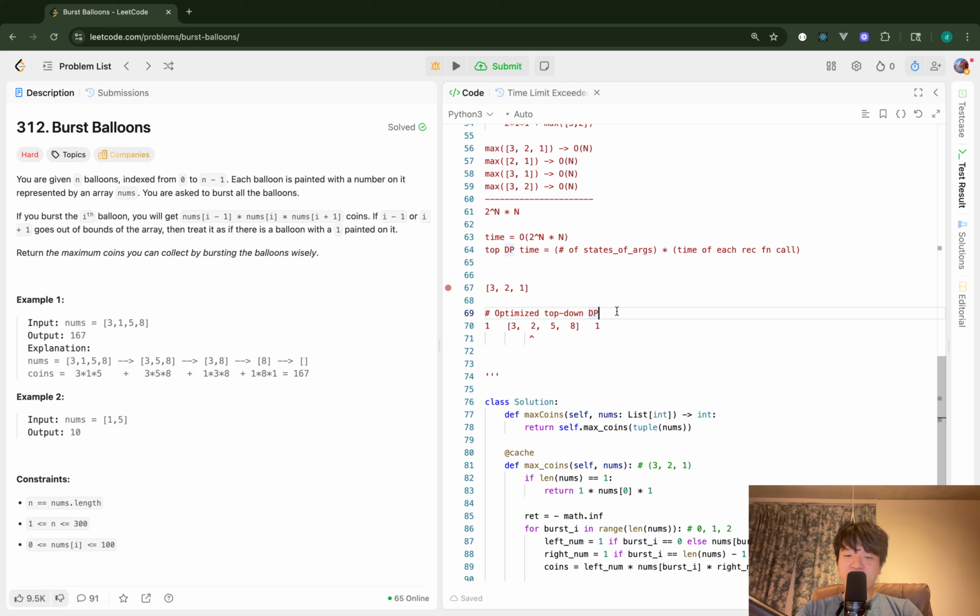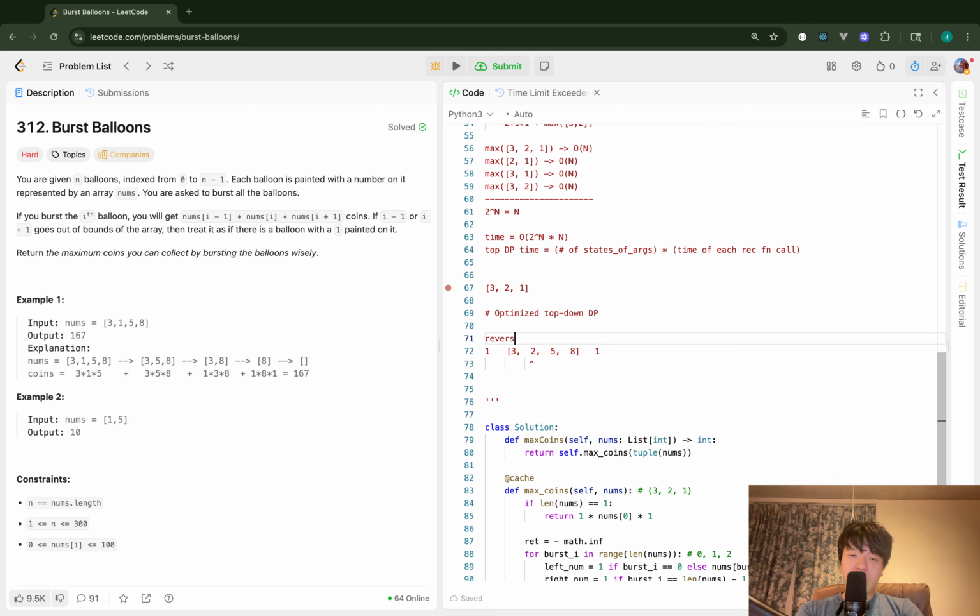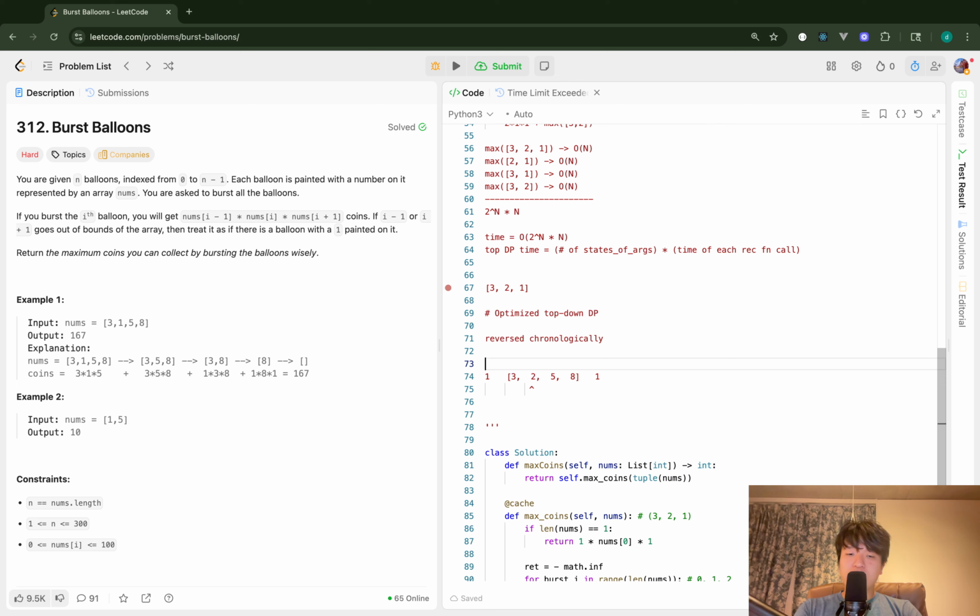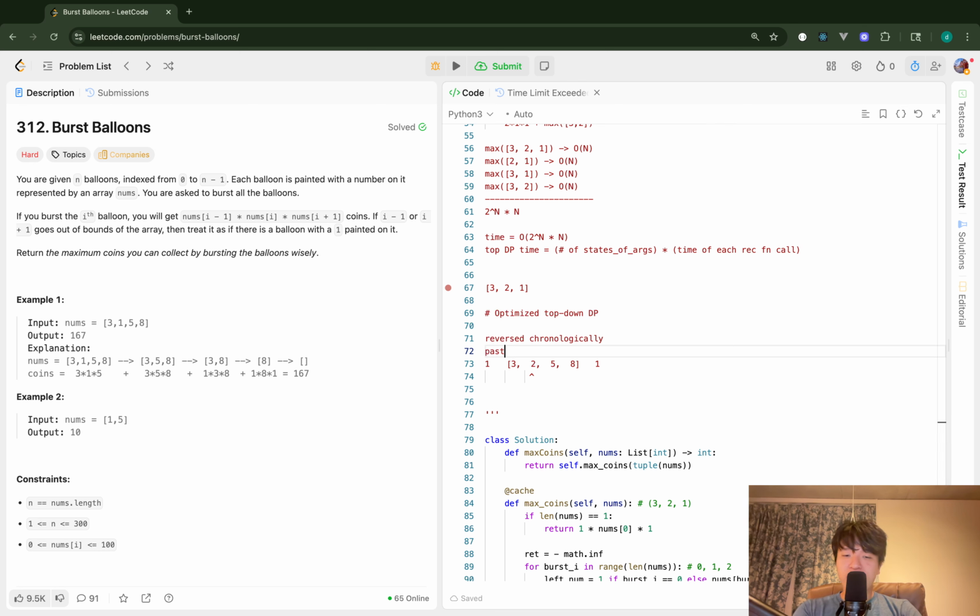But to optimize this top-down DP, I will think of it backward. I will think of it in reverse chronological order, I mean, from future to past order.